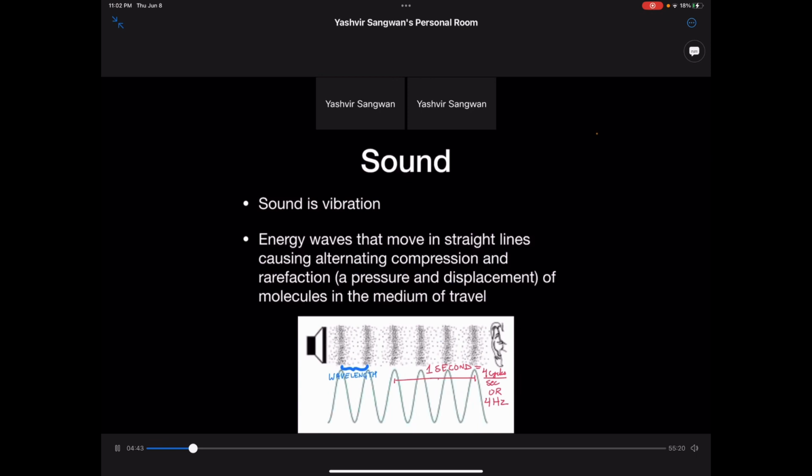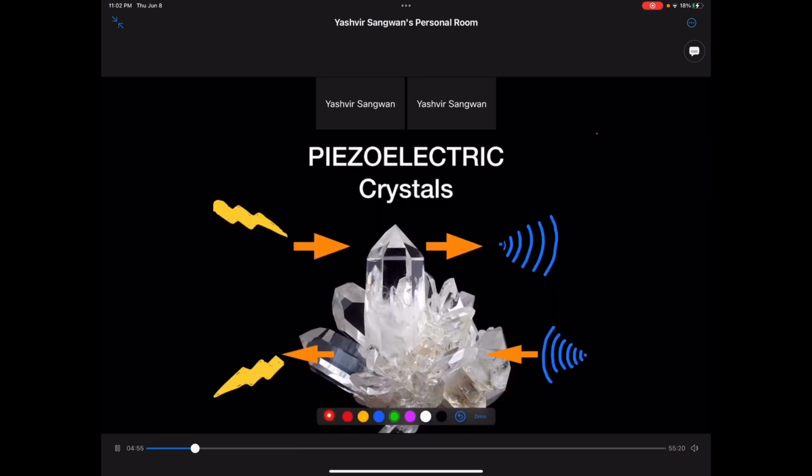In ultrasound, we use piezoelectric crystals to create the vibrations. What happens in this crystal is that you will have alternating current hit the crystal. When that happens, all the molecules of the crystal change their polarity, and because of that, the crystal changes shape.